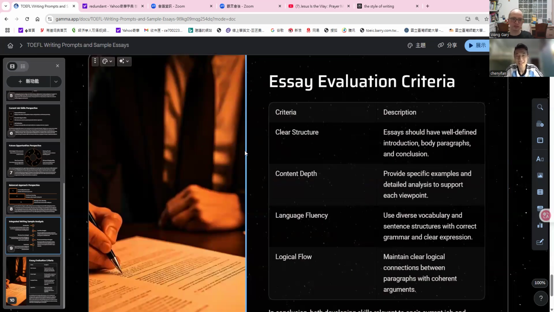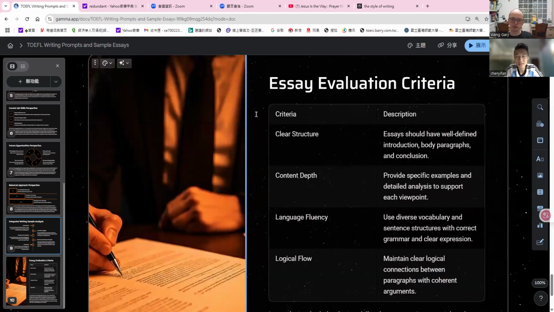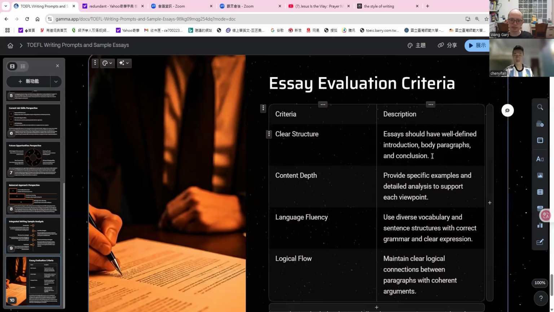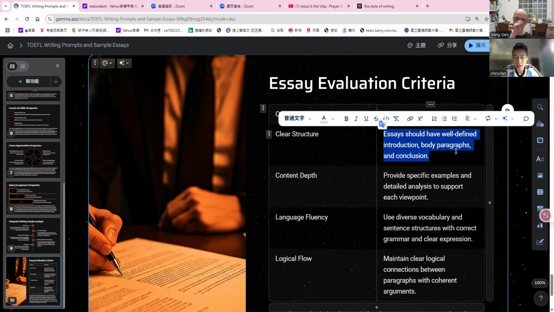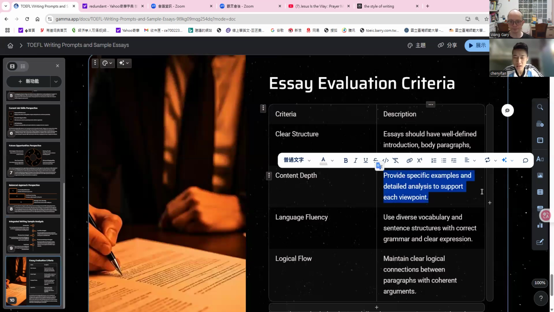Okay. Finally, we have 3 minutes. Some important criteria for TOEFL IELTS writing. Number one, clear structure. Ken, could you read the right hand part? Essays should have well-defined introduction, body paragraphs, and conclusion. Okay. Content depth: provide specific examples and detailed analysis to support each viewpoint.